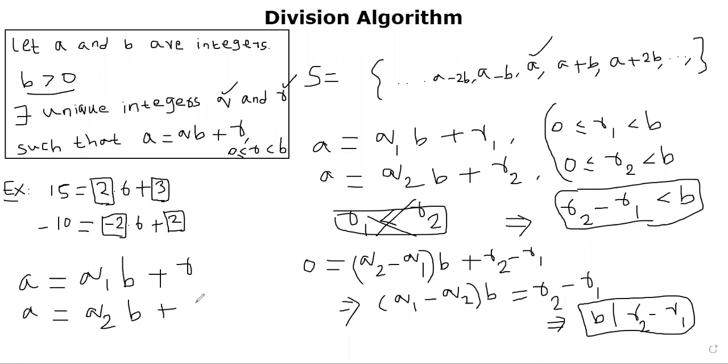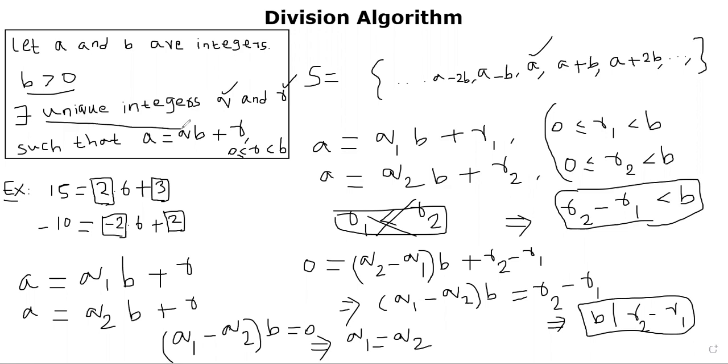So I get (Q1 minus Q2) times B equal to 0, right? But we assumed that B is non-zero. That means Q1 must be equal to Q2. So we found out that the quotients are also equal. We first proved R1 equal to R2. So that means we have achieved the uniqueness claim as well here.